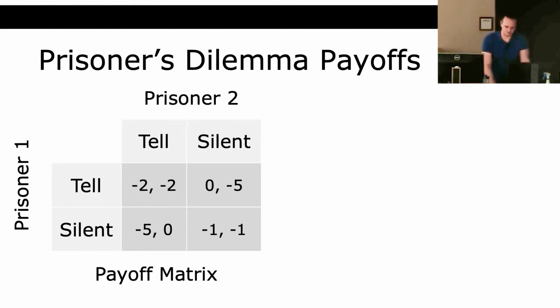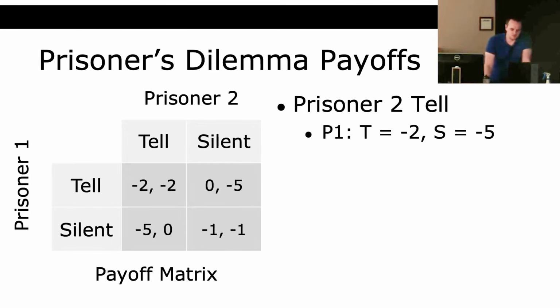Let's apply the same algorithm. So we'll look at the other person. Let's pretend we are player 1 for right now, or prisoner number 1. And prisoner number 2, let's say, is going to tell. If prisoner number 2 tells, if we tell, we get -2. If we stay silent, we get -5.